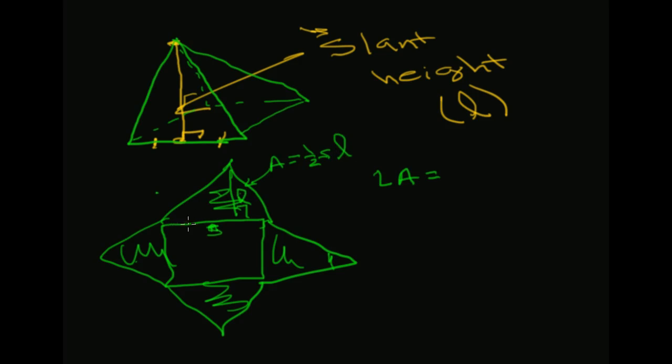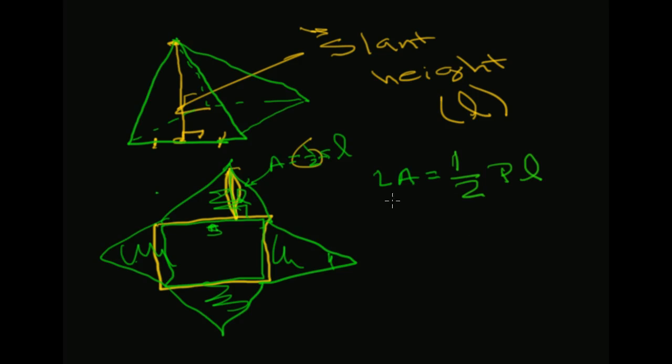Now, if I add up all those base sides, that's going to give me the perimeter of the base. And then I just multiply that perimeter times the slant height, and then times 1/2. So the lateral area of the pyramid comes out as 1/2 the perimeter of the base times the slant height.